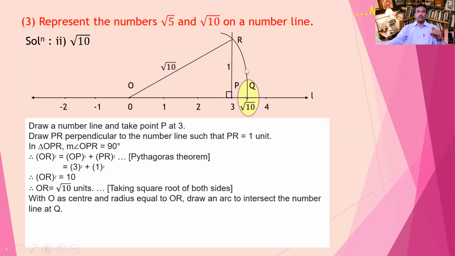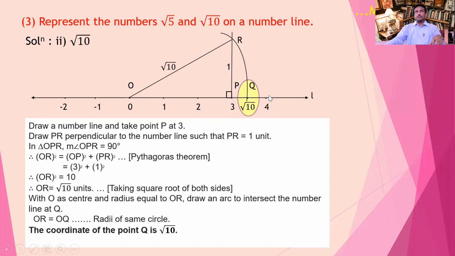Draw an arc RQ which intersects the number line L at point Q. Now OR and OQ are congruent, equal, which are radii of the same circle.